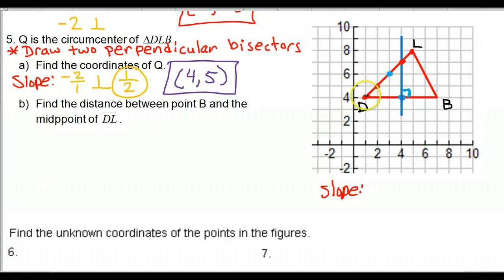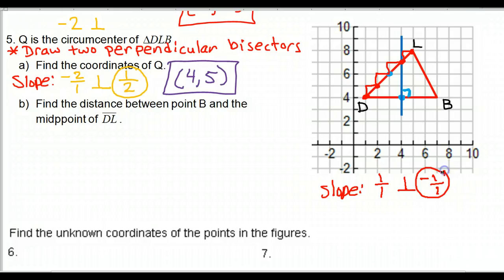As I go from point to point on the line, that's up 1 over 1, up 1 over 1, up 1 over 1, up 1 over 1. So that slope is positive 1 over 1. When I go to do a perpendicular, I need the slope that's opposite and reciprocal. The reciprocal of 1 over 1 is still 1 over 1, so I'm going to need negative 1 over 1.